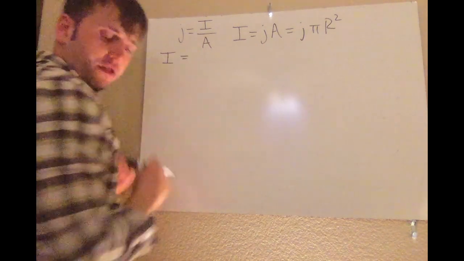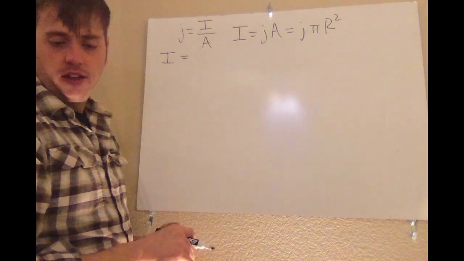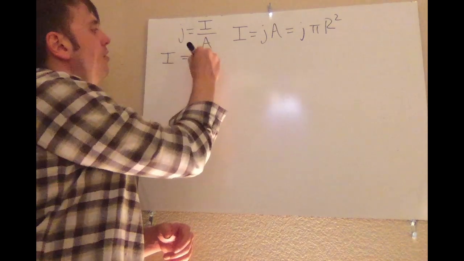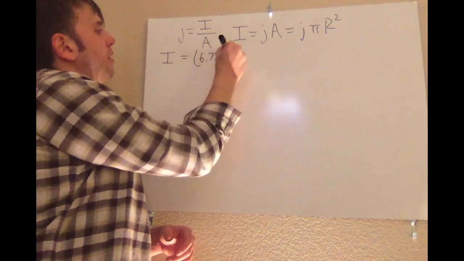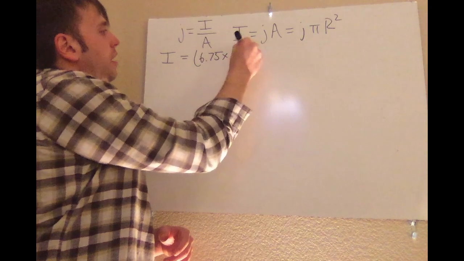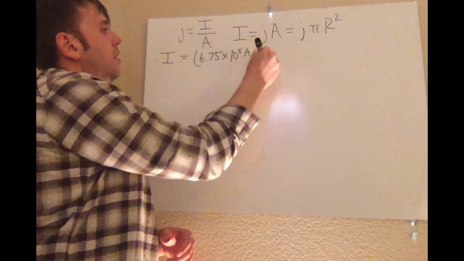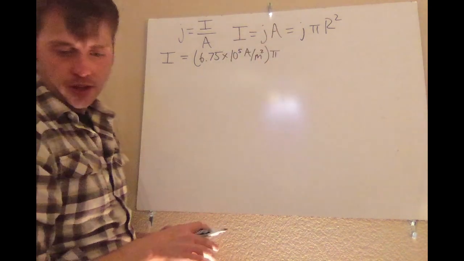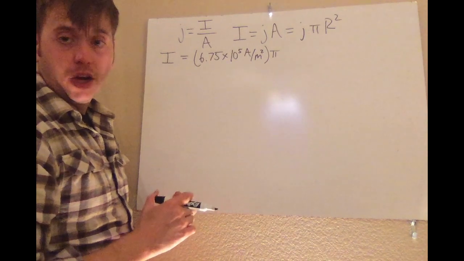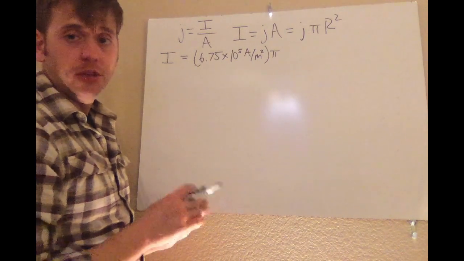The current is J. Our current density that was given is 6.75 times 10 to the 5th amps per meter squared. And we multiply by pi. The diameter of the wire was given to be 2.1 millimeters.